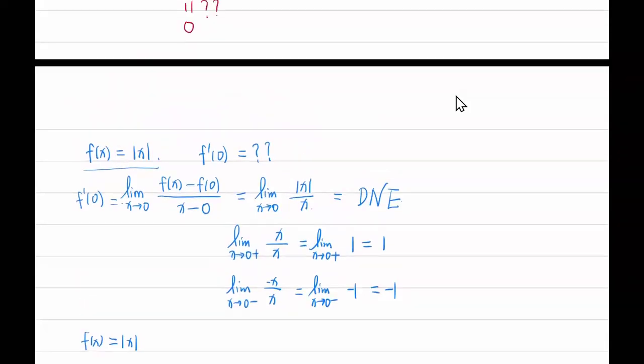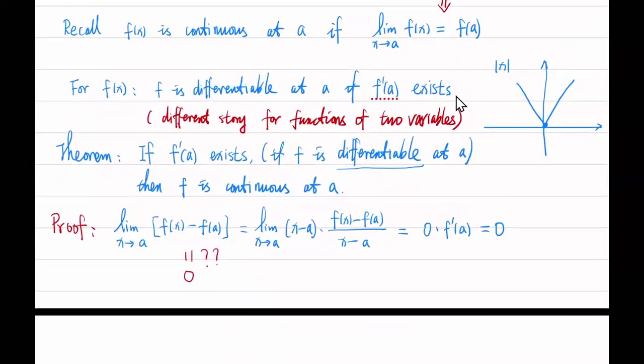This is a one-way implication. If the derivative exists, then it's continuous. But the other implication does not hold.